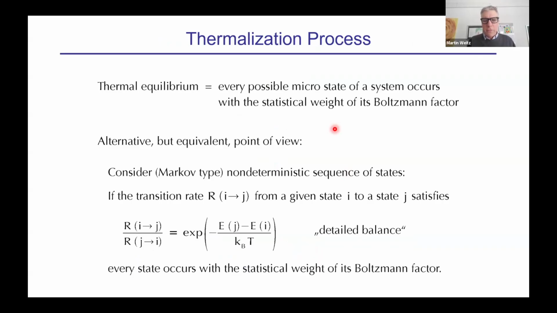But an alternative equivalent point of view is detailed balance, so that the ratio of the rates from a state of the light field i to j divided by the reverse is related to this Boltzmann factor. So basically a higher energetic state will be populated less likely because of the rates.